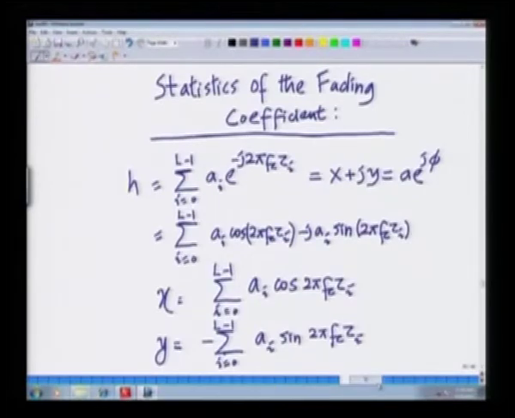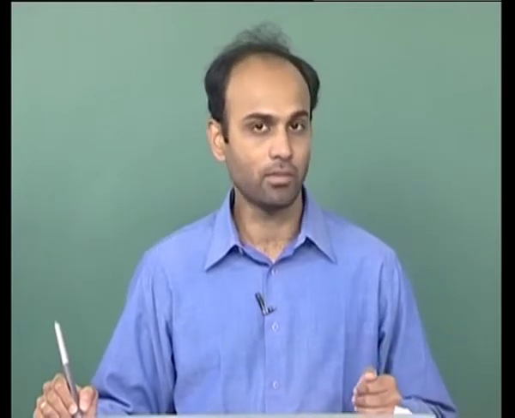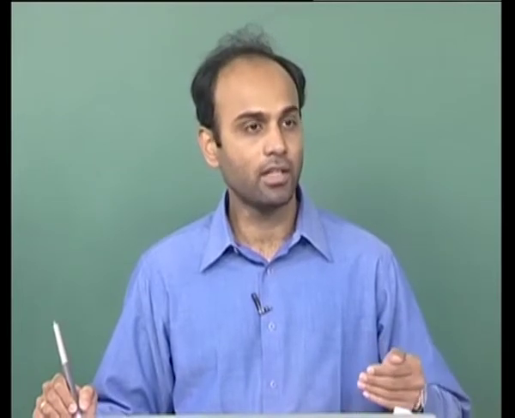Now, in general it is very difficult to explicitly estimate or arrive at values of each of the a_i's and each of the tau_i's in a real time wireless communication system, or explicitly characterize each of these.